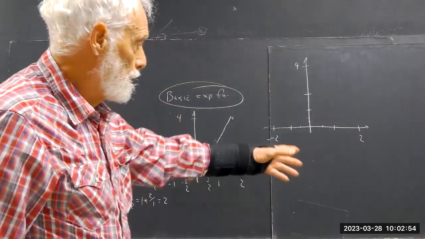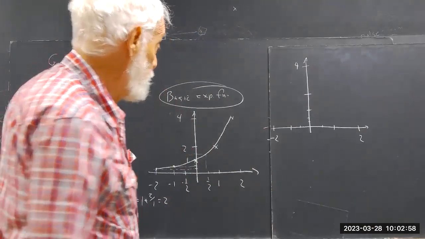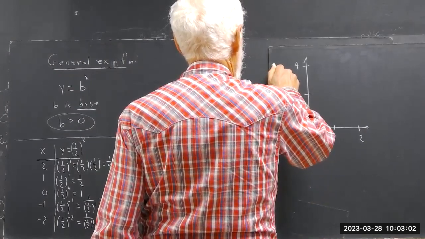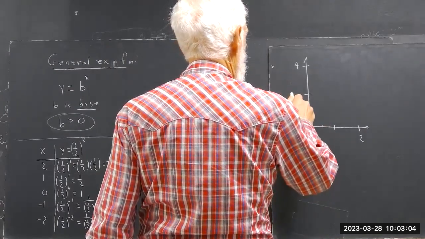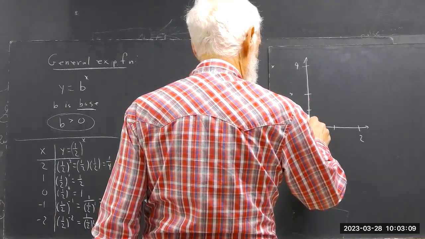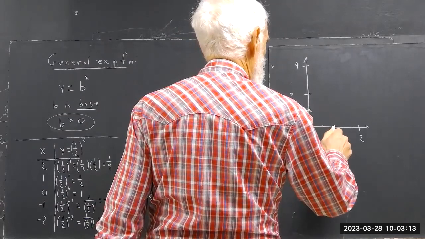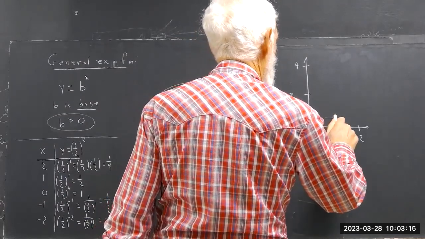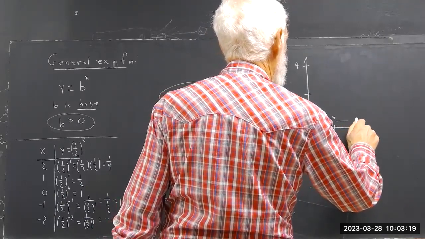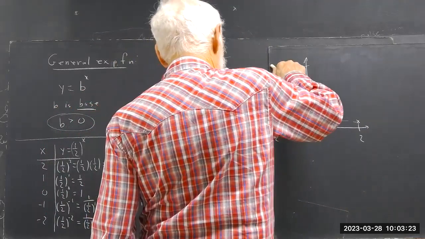I'm not even going to label these points. Everybody should know what they are. They're the same as over here: -2, 4. -1, 2. 0, 1. 1, 1/2. 2, 1/4.